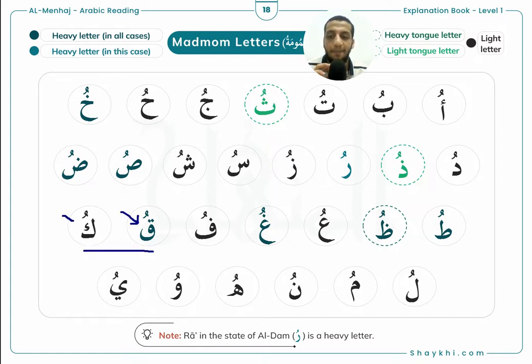Qaf is heavy and kaf is light. Qu, ku. So when we pronounce al-qaf, the back of the tongue is raised, because it is heavy. And when we pronounce al-kaf, the back of the tongue is not raised.